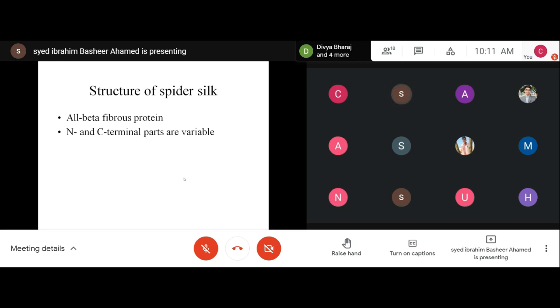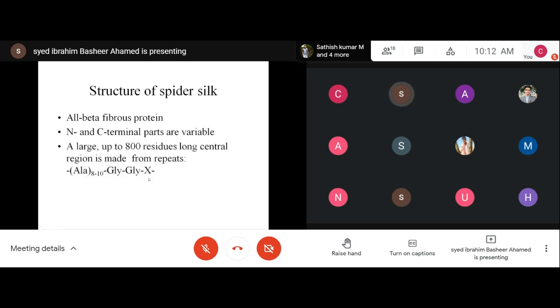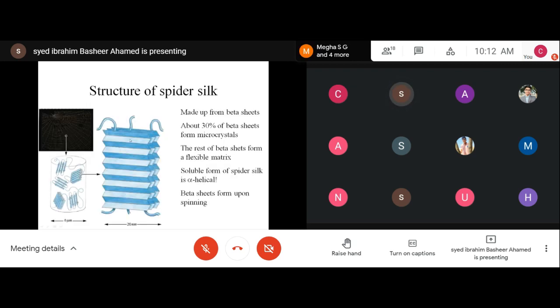Hair, nails and hooves are formed only by alpha helices. But spider silk is a fibrous protein made of beta strands. The N and C terminal parts are variable, but a large region of nearly 800 residues, which makes the central region, is formed completely by this kind of repeat, which allows it to make a beta sheet.